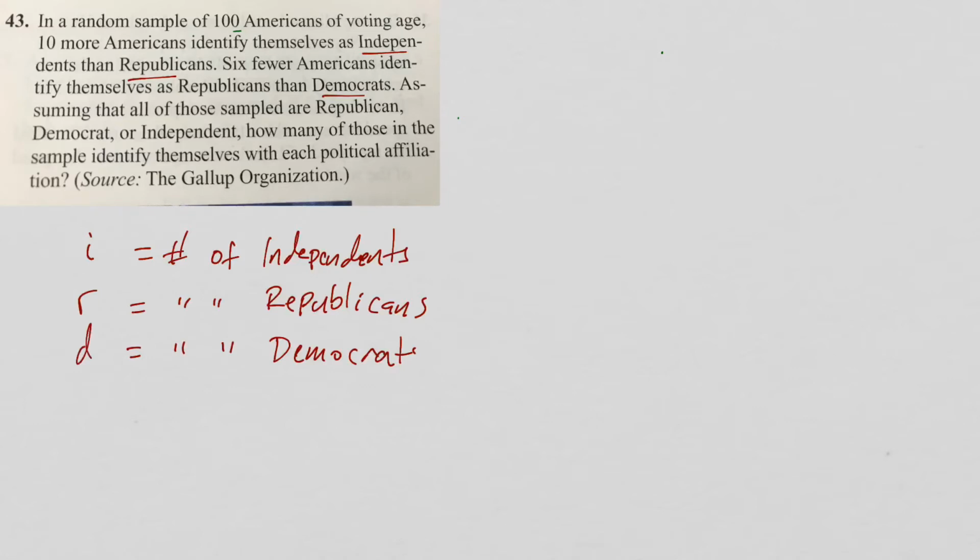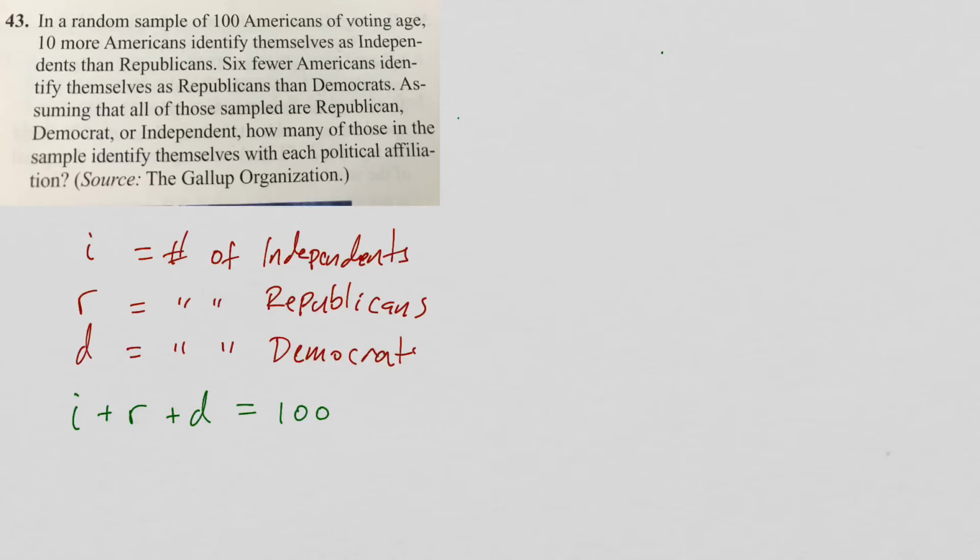I know that there are 100 voters. So if I add these all up, I plus R plus D, I'll get 100. Now let's look at the relationships between some of these. Okay, so it says 10 more Americans identify themselves as independents than Republicans.